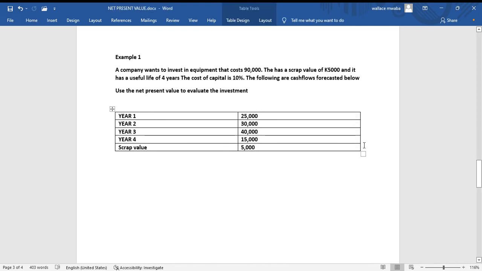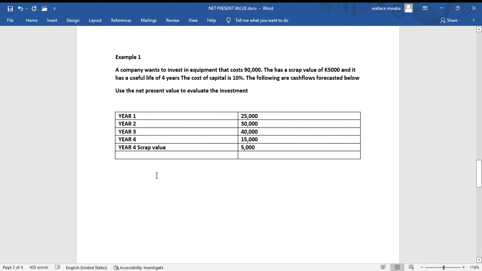All right, so the first thing is we're going to make a table. The scrap value just means that after the end of year 4, this equipment will be worth 5,000.